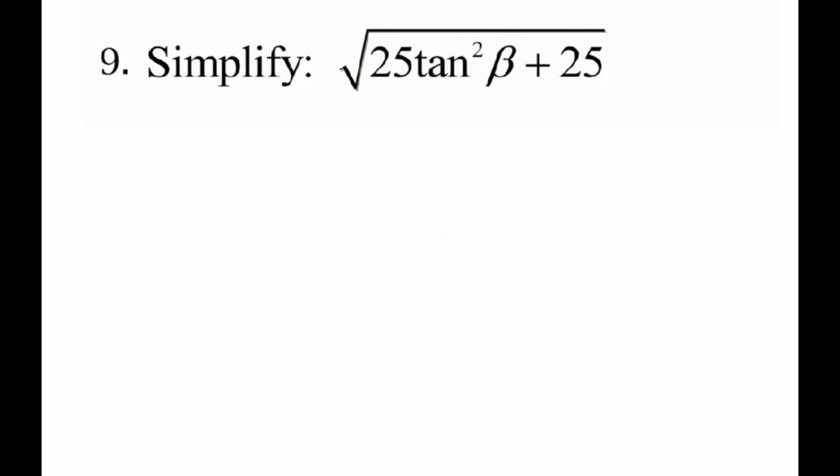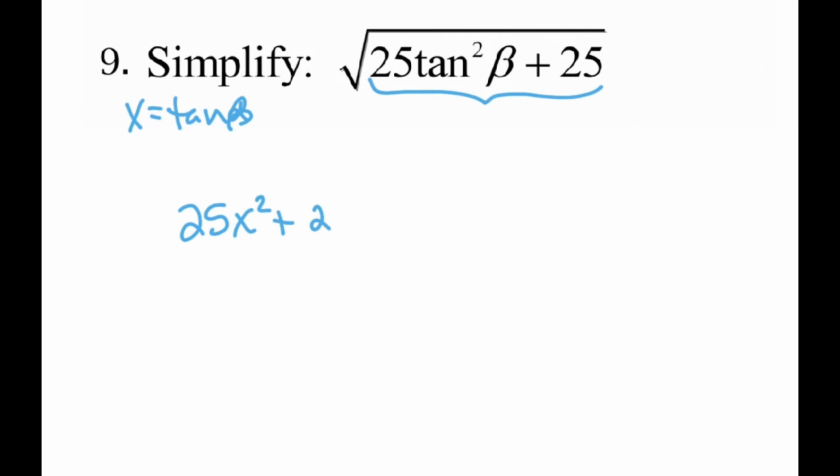So we have to think of something else. So let's just look at what's inside. Can you simplify what's inside? Can you rewrite it in some way? So you might want to think about that substitution strategy. Let's let x equal tangent theta for a second, or beta, sorry. And so if I wrote 25x squared plus 25, how could you rewrite that?